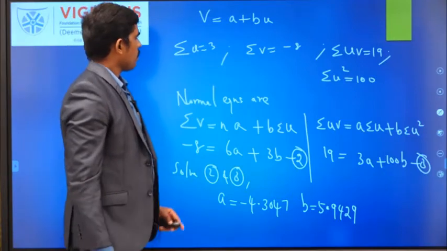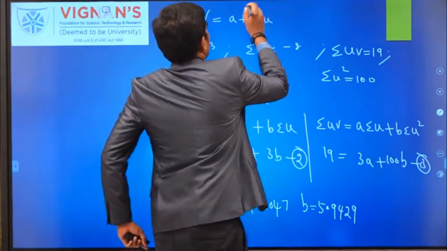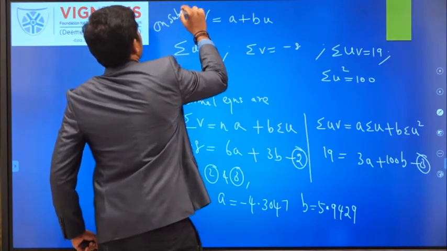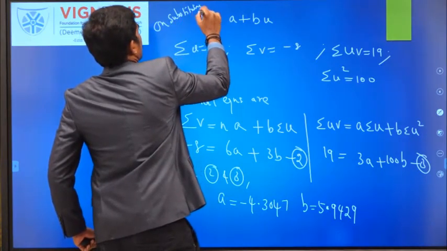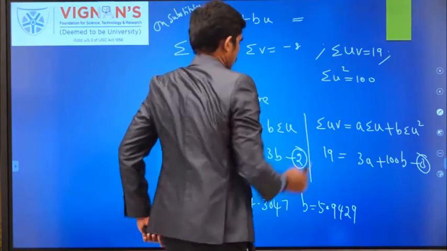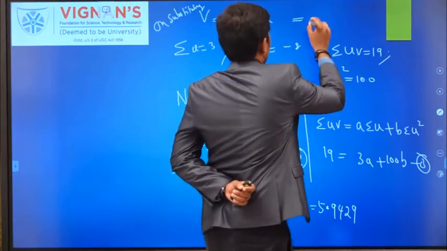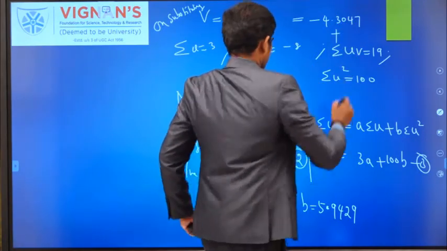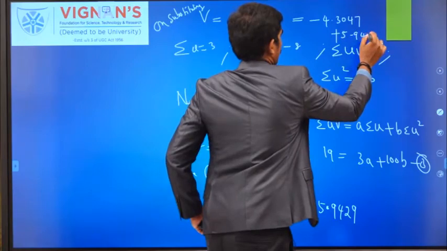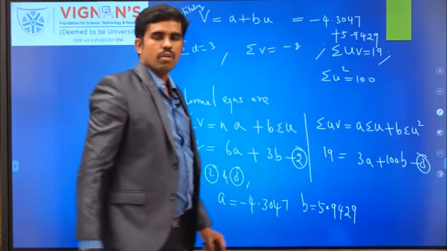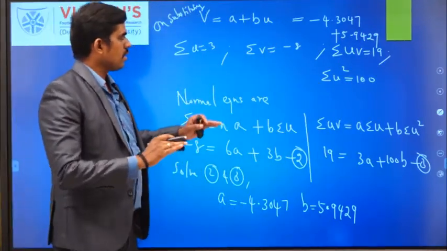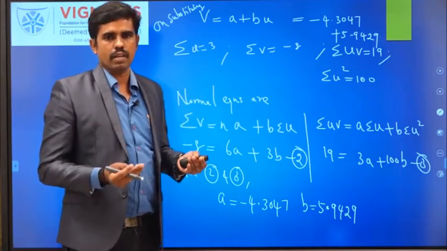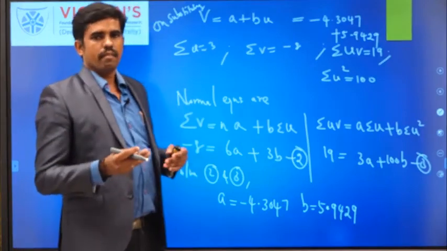So on substituting the values, I will get v is equal to -4.3047 plus 5.9429u. Okay, this is in terms of u and v, but I need my data in terms of x and y. So I have to change the values.